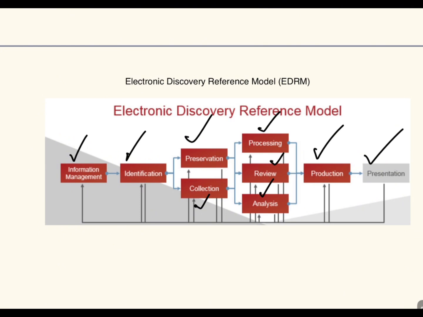They keep their data in archives, file shares, and systems, and manage and organize it regularly. Identification: the internal legal team identifies key data sources, right? The employee's email, chat logs, USB usage logs, and access logs to the customer database.